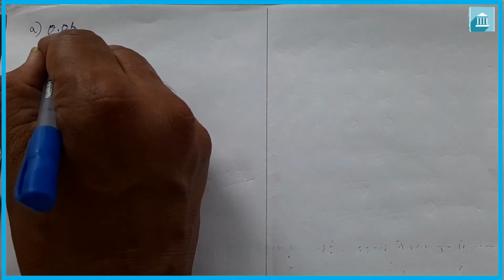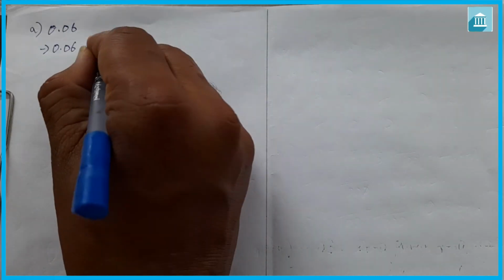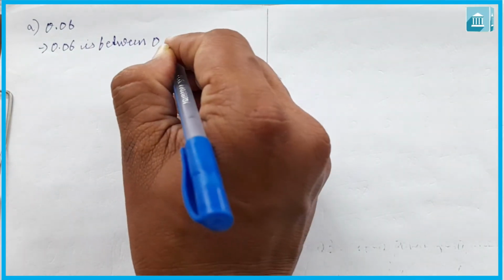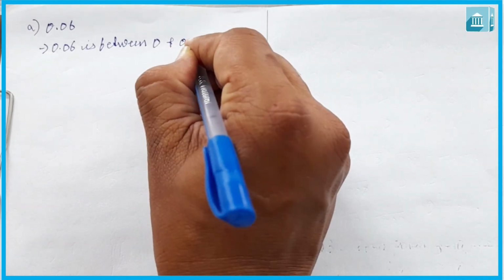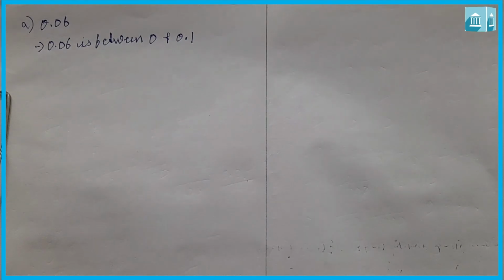So we have to find out between which two numbers each of the given numbers lies. So 0.06 is between 0 and 0.1.